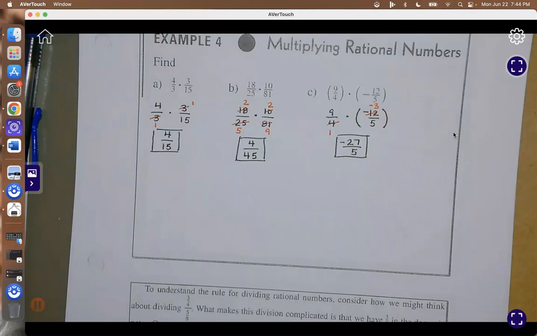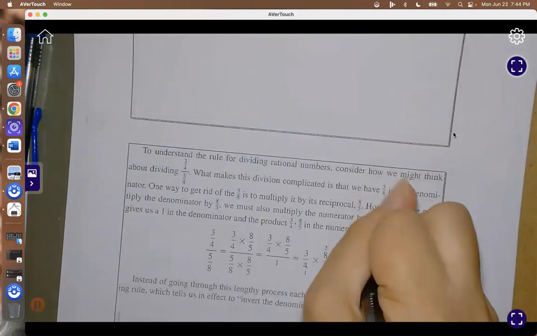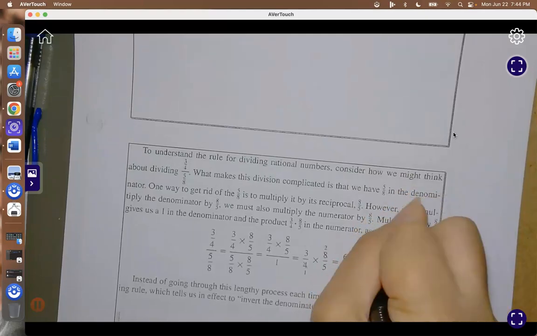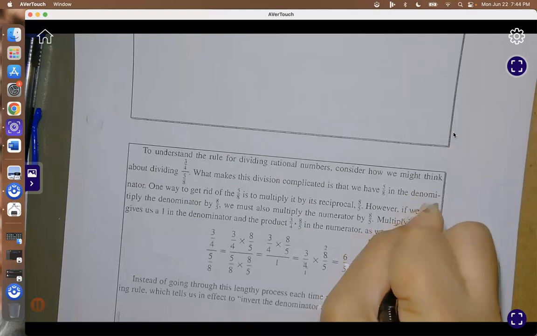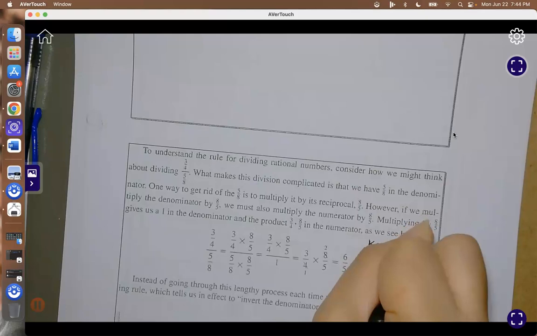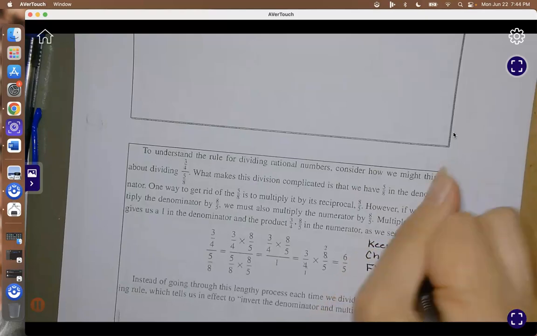Okay, now in division, remember the saying that you learned when you were dividing fractions was keep, change, flip. And what that stood for was keep the first fraction the same.